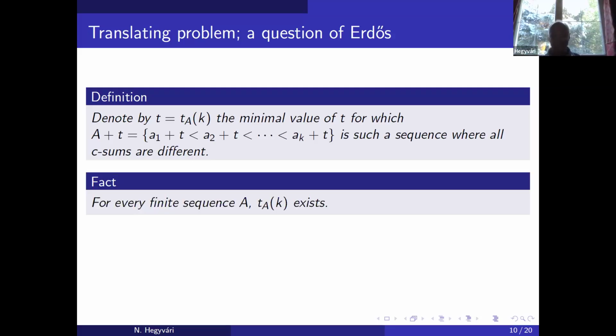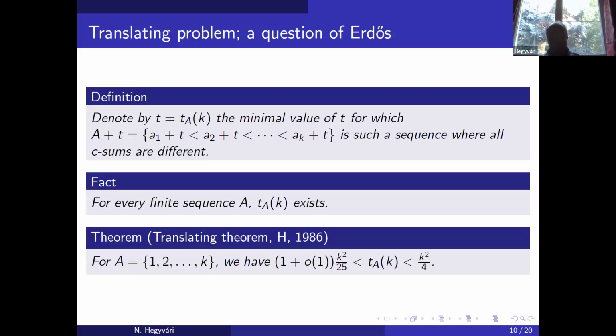It is not too hard to see that for every finite sequence A, this function exists. And I proved also in 1986 that in the simplest case, when A is the set from 1 to k, this translation number lies between k squared over 25 and k squared over 4.